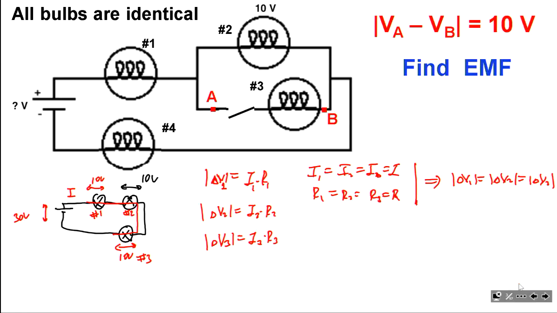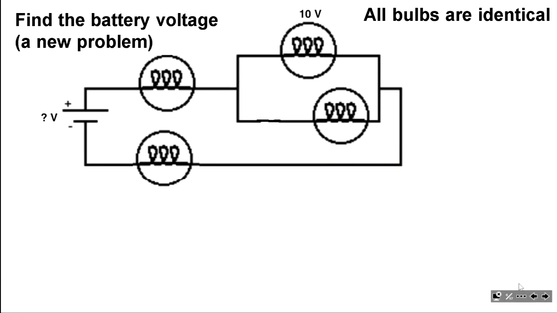Well, of course, now we have to close the switch and see if anything changes. When the switch is closed, of course, the total resistance changes. In order to keep the same voltage, we would have to use a different battery, so we cannot say 30 anymore.